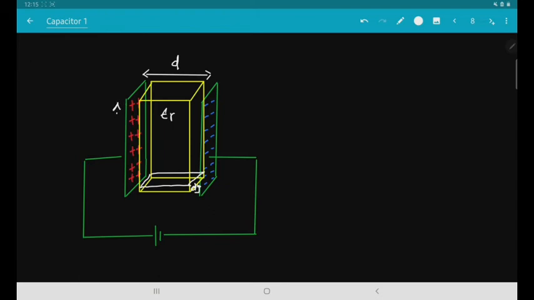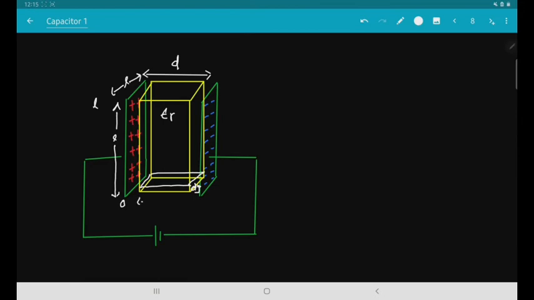This length of the plates, let us say, is L. We will consider square plates, so this length will also be L. Now this dy is going to change from 0 to L, but this L along the z axis is not going to play any part.